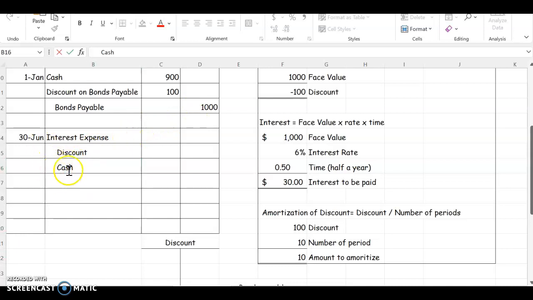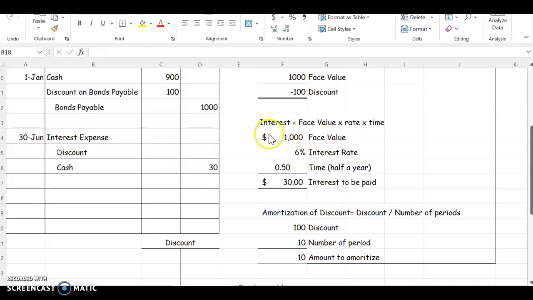I like to start with cash. So every single interest payment, I'm going to pay out the same amount of cash, and it will always be the same regardless if it's a discount or a premium. So I will credit cash. I'm going to pay out $30.